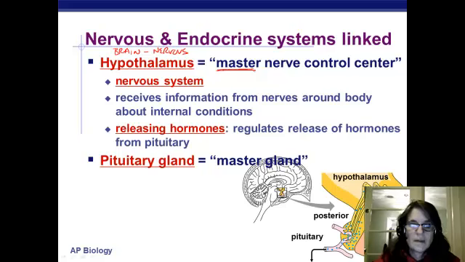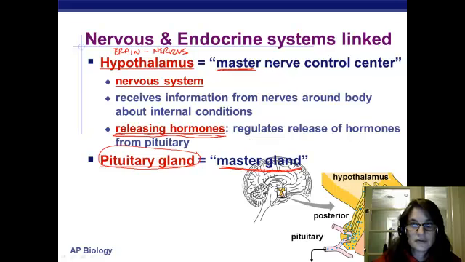So, the hypothalamus deals with what are called releasing hormones, and we'll talk more about that in a minute. It also communicates using these releasing hormones directly with the pituitary gland. That is considered the master gland.